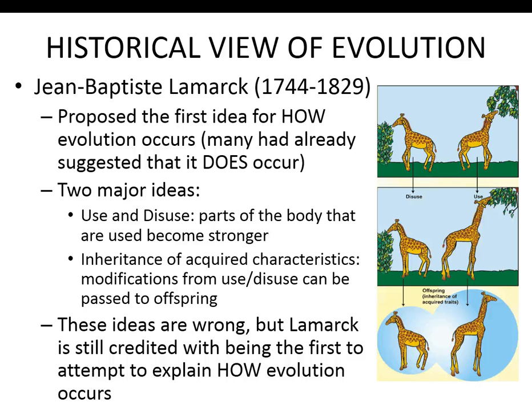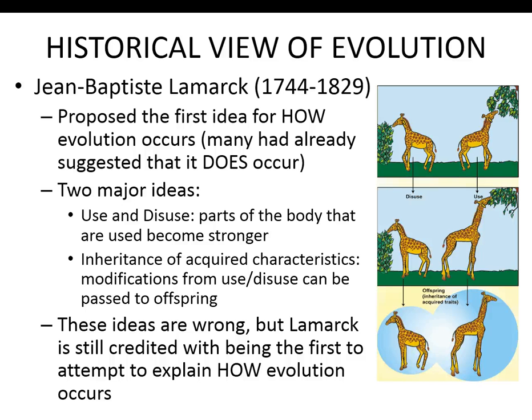Obviously, Lamarck is supportive of the ideas of evolution, but he was the first one to really come out and say, okay, I think evolution happens, and this is how I think it happens. He's given a lot of credit for that, even though his ideas for how evolution occurs are not very accurate. There were two components to Lamarck's ideas about evolution.